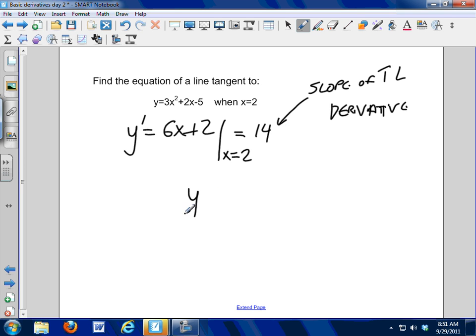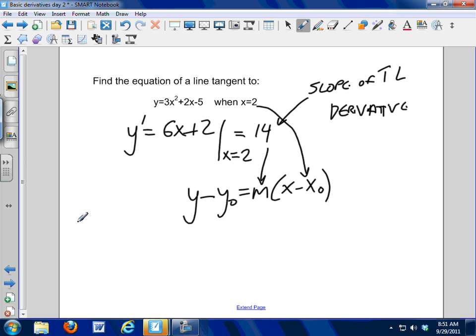Okay, so if we're looking for y minus y naught equals m times x minus x naught, we've got m, 14. We've got an x value. We just need a y value, an initial y value. Where does the initial y value come from? Well, it comes from figuring out when x is 2, what's the value of the function.